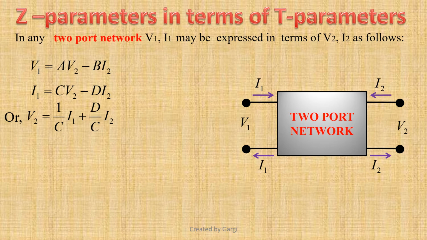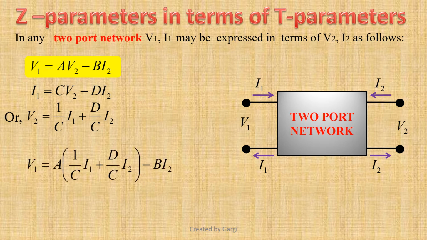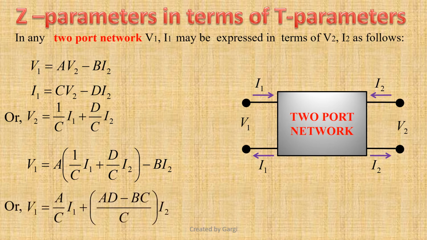By using this expression in equation number 1, we get V1 equals A into 1 upon C I1 plus D by C I2 minus B I2. Or we can write V1 equals A by C I1 plus AD minus BC divided by C times I2.